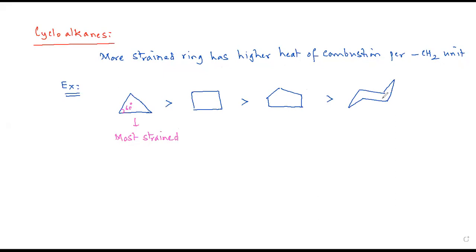Okay, so a more strained one, or the one that has lesser bond angle, will have higher heat of combustion. Higher heat of combustion, so is least stable. Okay.